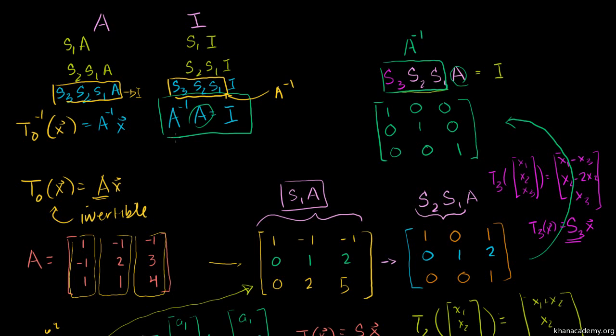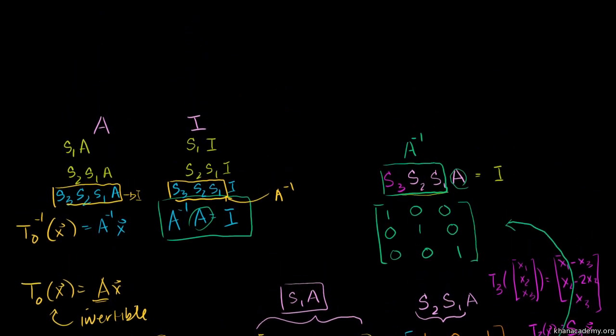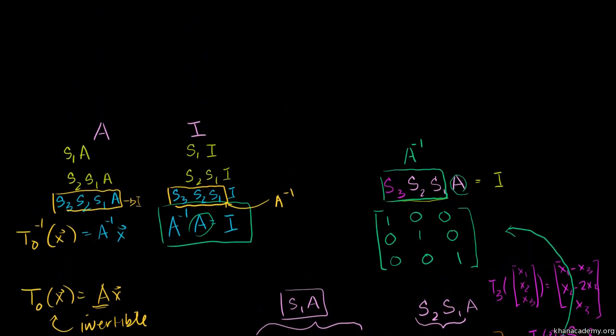So we have a generalized way of figuring out the inverse for a transformation matrix. Let's say I have some transformation matrix A. I can set up an augmented matrix where I put the identity matrix right there, just like that. And I perform a bunch of row operations. You could represent them as matrix products, but you perform a bunch of row operations on all of them.